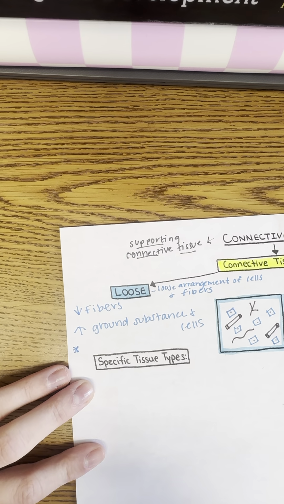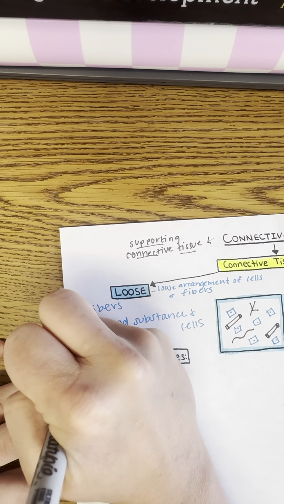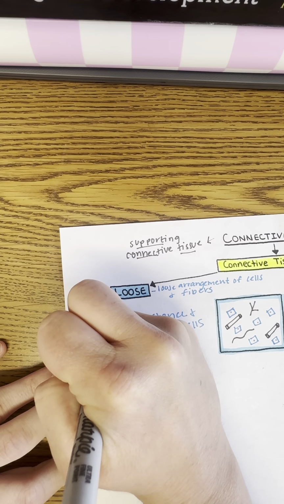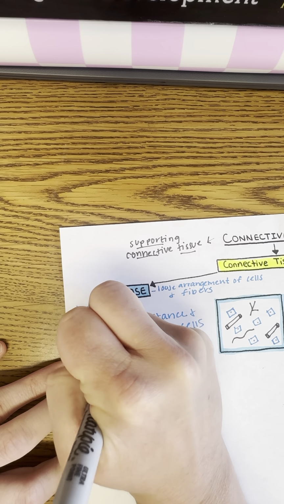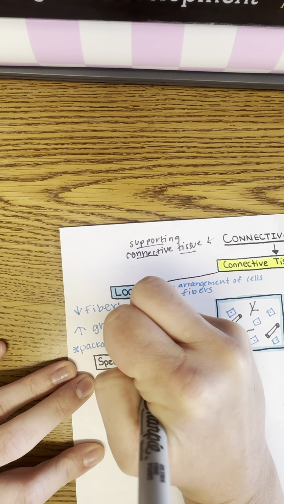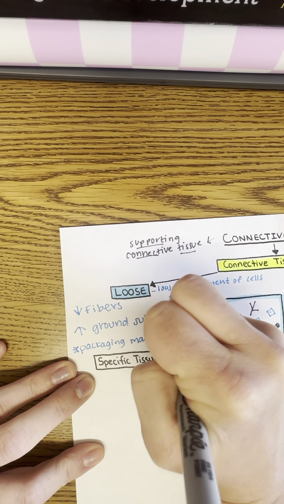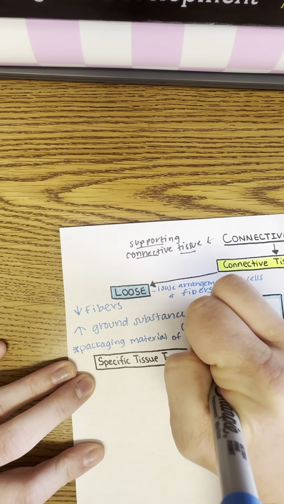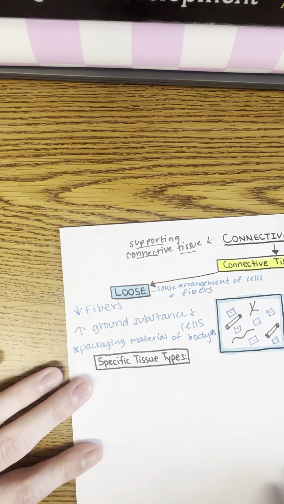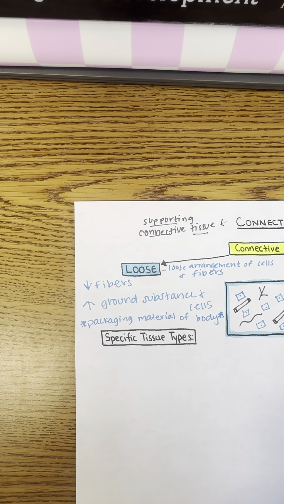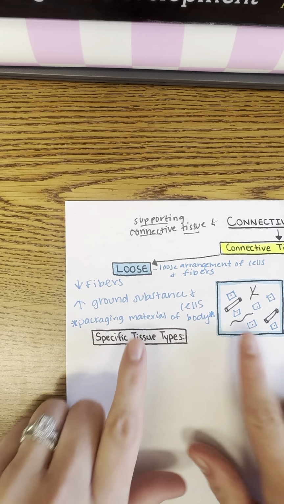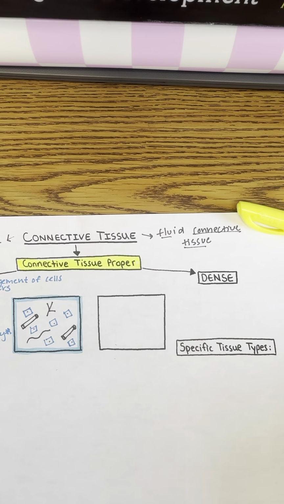People like to think of loose connective tissue as the packaging material of the body. You're going to see that it surrounds certain things, keeps things protected and where they should be.